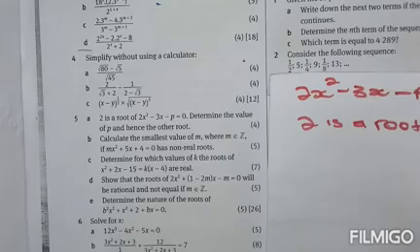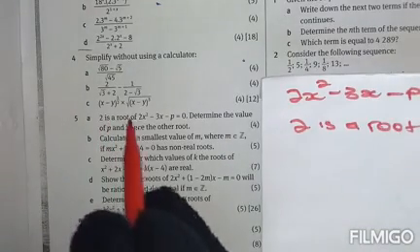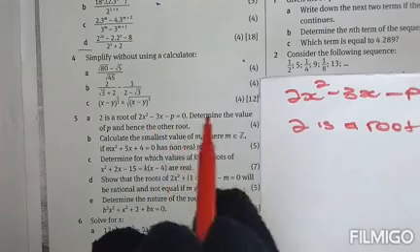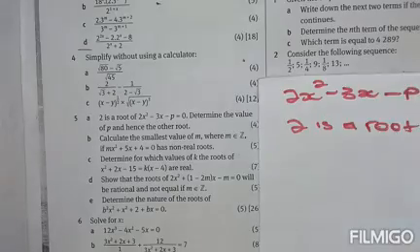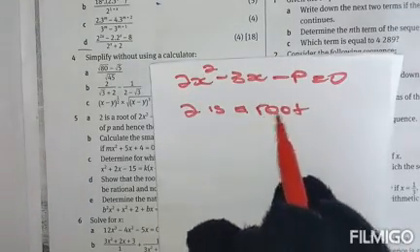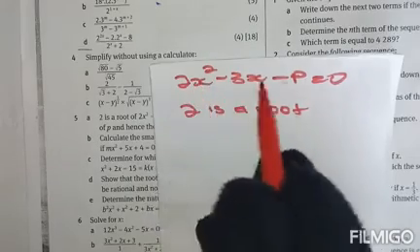Now doing question number 5, we are given that 2 is a root of 2x squared minus 3x minus p, and we are asked to determine the value of p and hence the other root. Since 2 is a root, if we substitute 2 for x, that will give us 0.